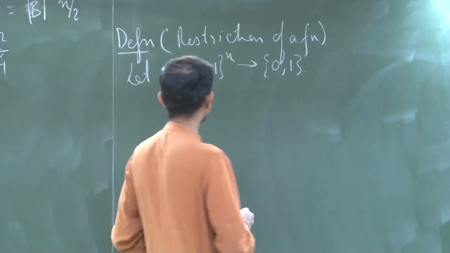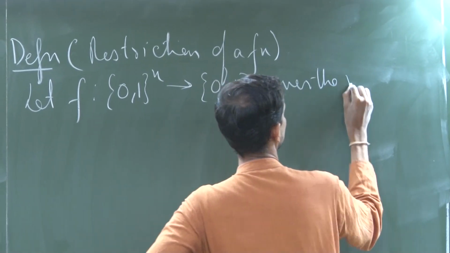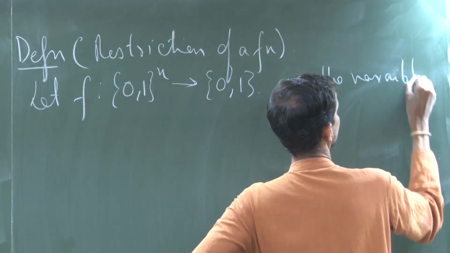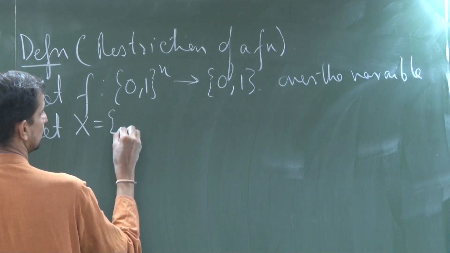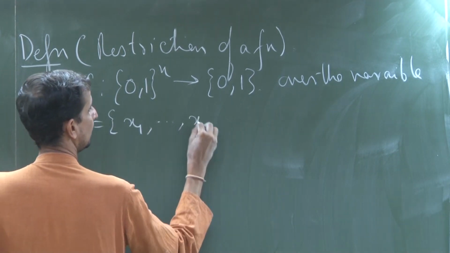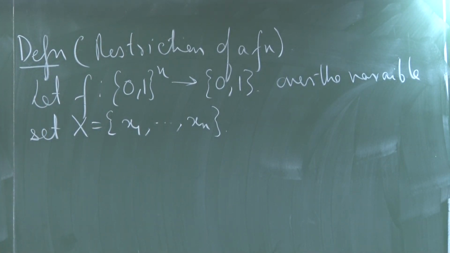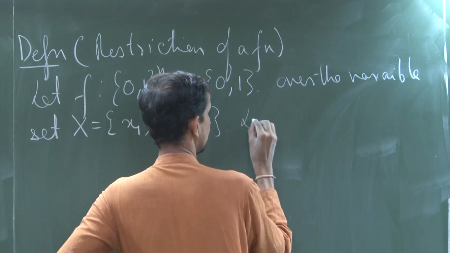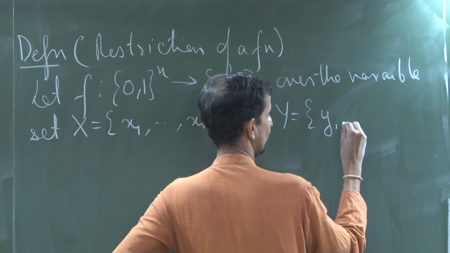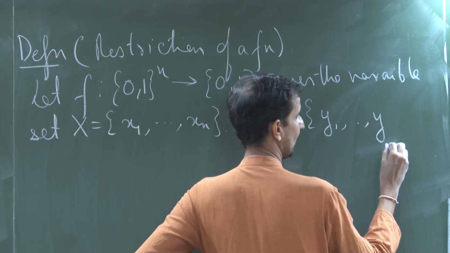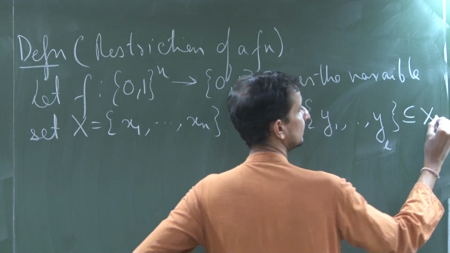So, let f be a function on n variables over, let us say, the variable set x. I am just giving a name to the input variable set x 1 up to x n. Let y, which is equal to y 1 up to y l, be a subset of x.